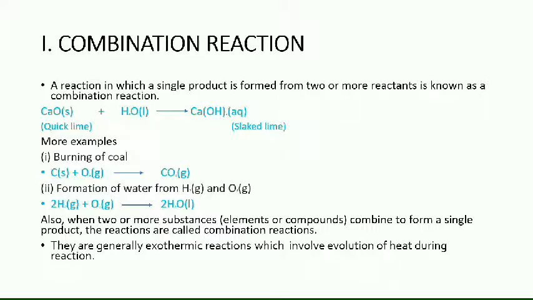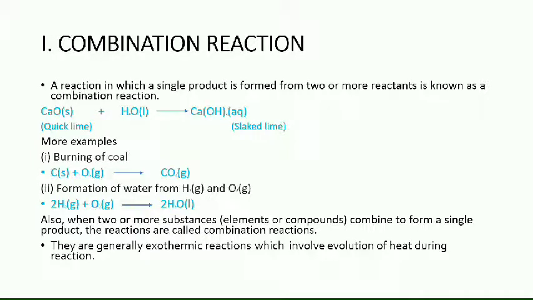A very simple example is calcium oxide, which is also called quicklime. When it reacts with water, it forms slaked lime, that is calcium hydroxide. Here there are two reactants, calcium oxide (quicklime) and water, and it produces a single product, that is calcium hydroxide.